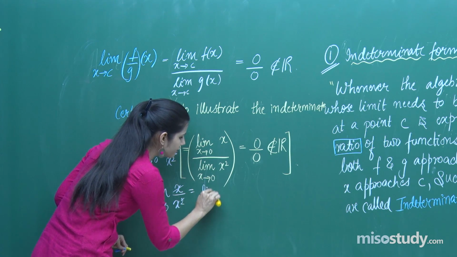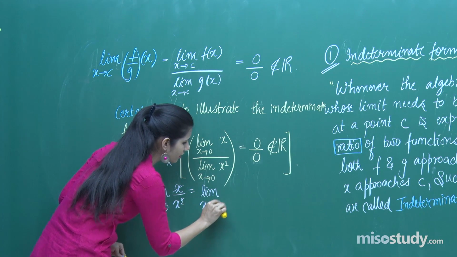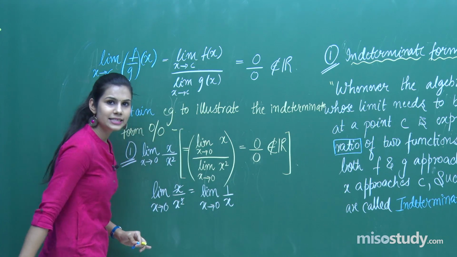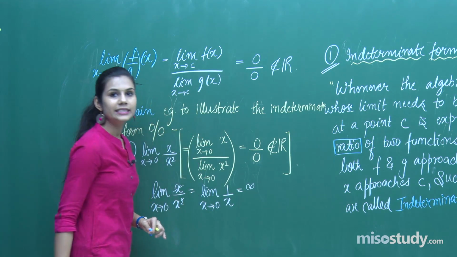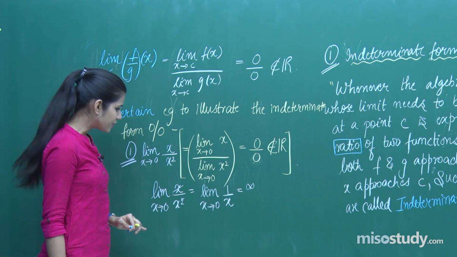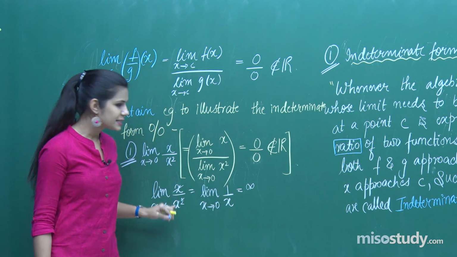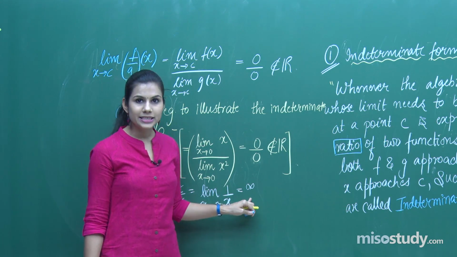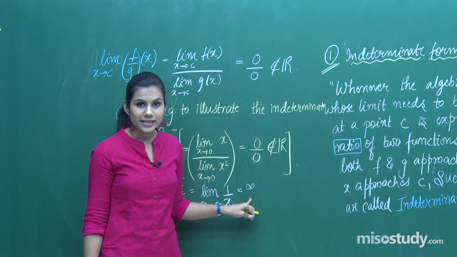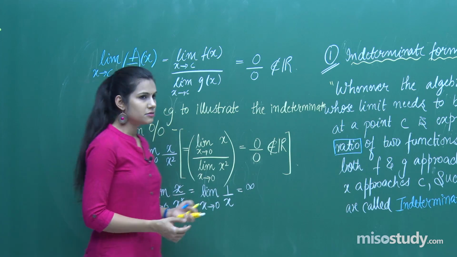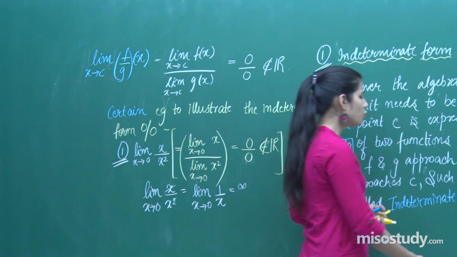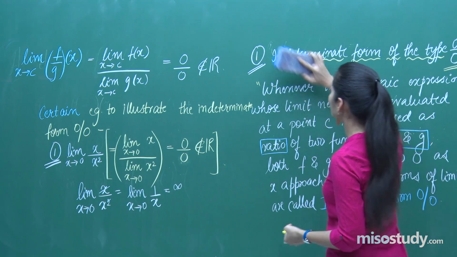I am going to be left with 1 upon x, which is infinity. Right? That means this function x upon x squared has limit infinity, or basically I can say it is diverging to infinity.